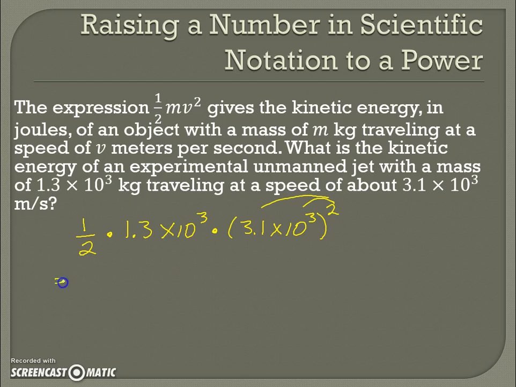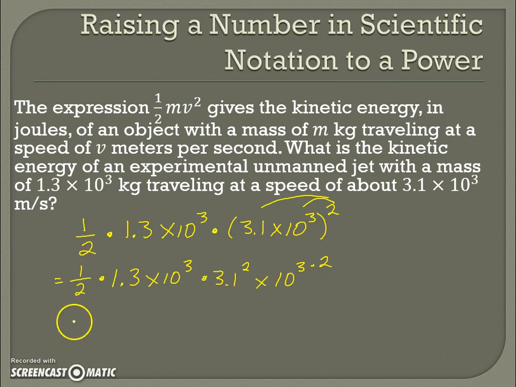So this is going to equal 1/2 times 1.3 times 10 cubed times 3.1 squared times 10 to the 3 times 2. Here we go ahead and multiply these things out.